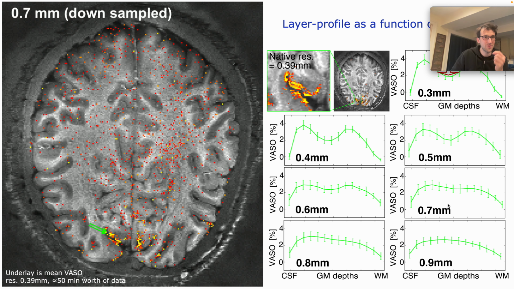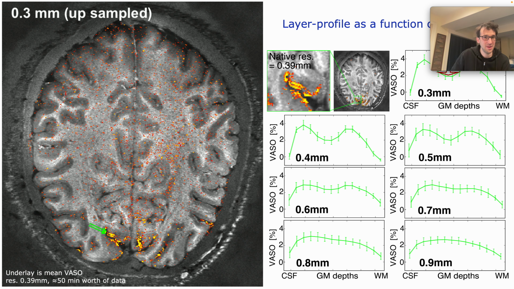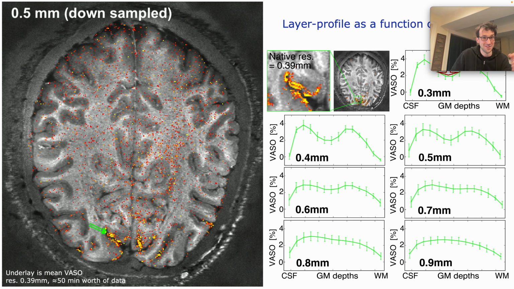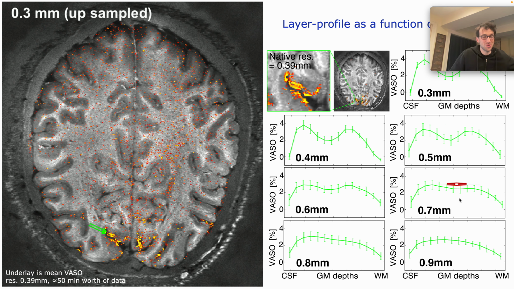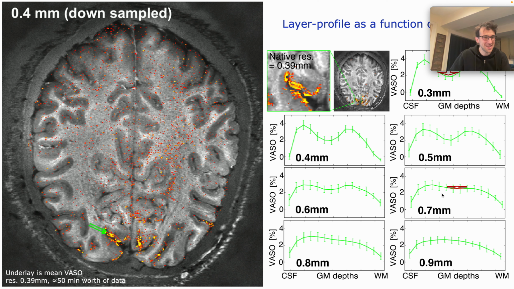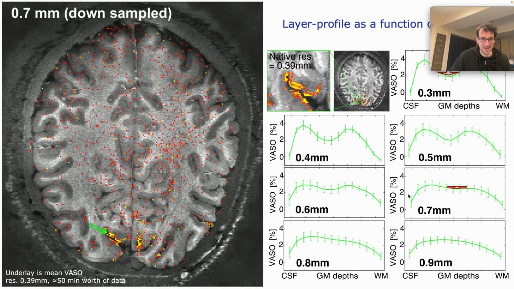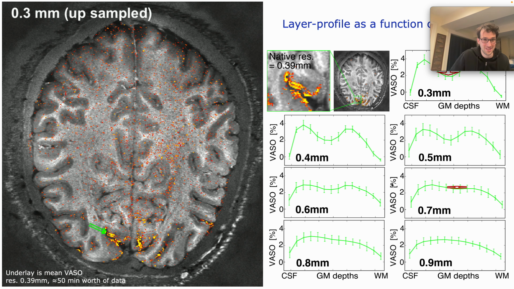But importantly also, we lose a lot of contrast. Here we have a nice decent effect size of these different peaks with respect to a baseline in between, and this completely goes away as you go to lower resolutions. You might have more SNR, but the contrast to noise ratio is actually not directly proportional to the SNR, because we lose a lot of contrast.